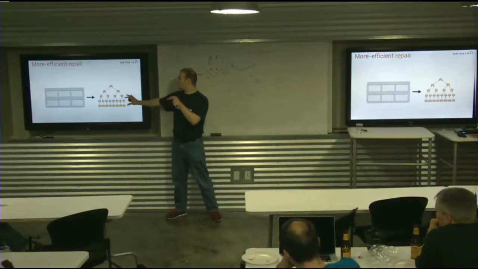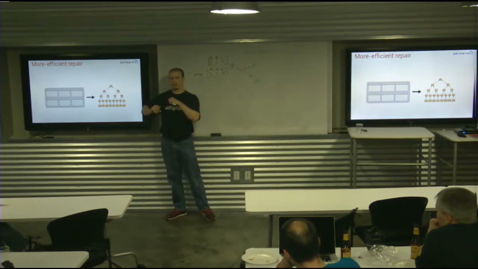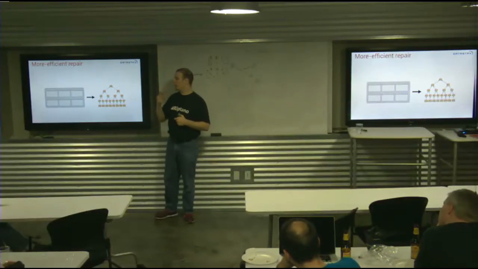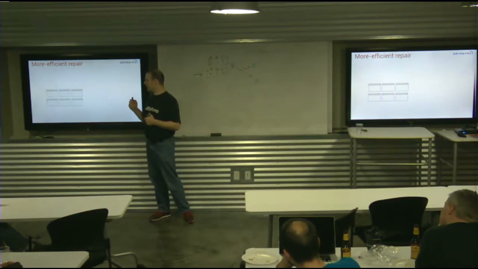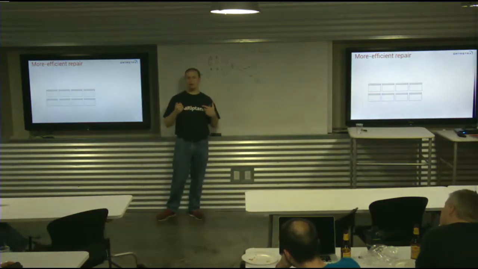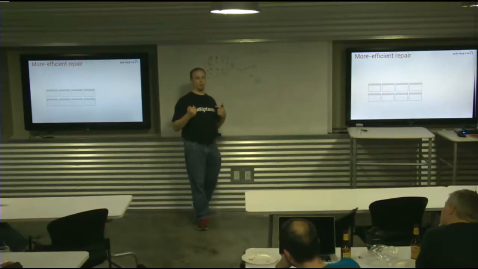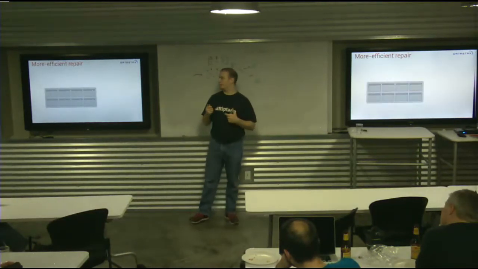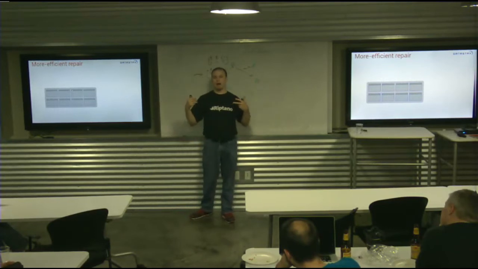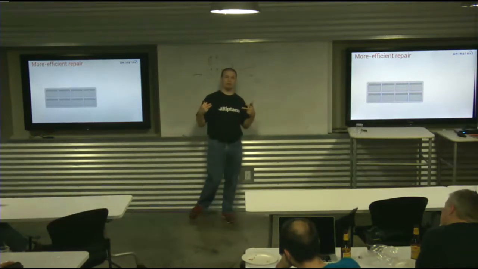This works really well at cutting down on the network bandwidth required, because we only transfer the trees and then any inconsistent blocks. But as my data set grows and I continue to repair, my time to repair grows linearly with the amount of data that I have, because every time I'm rebuilding that Merkle tree from scratch.